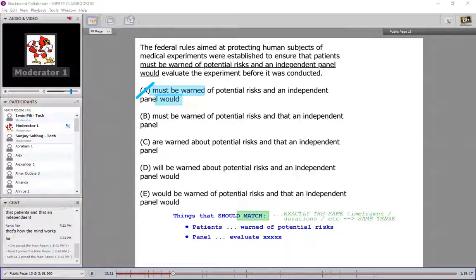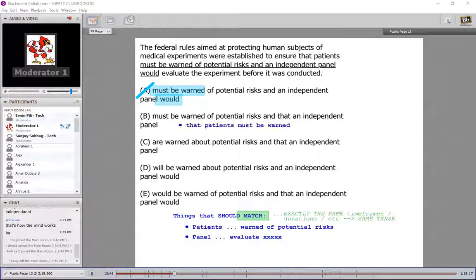B's got that patients must be warned and that an independent panel evaluate. It might be worth writing those out to see what you're dealing with here. You have that patients must be warned and that a panel evaluate.